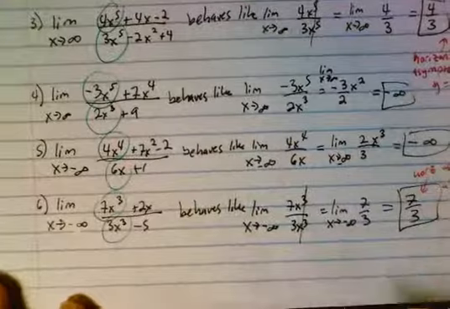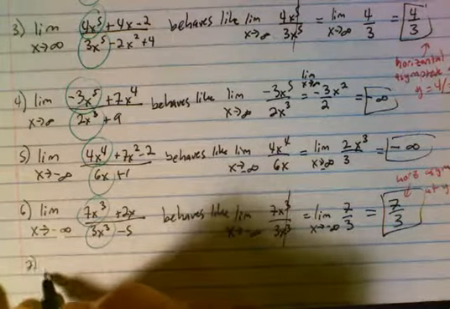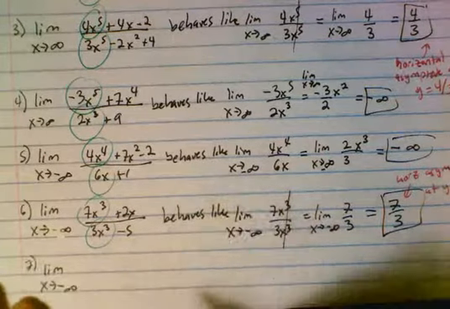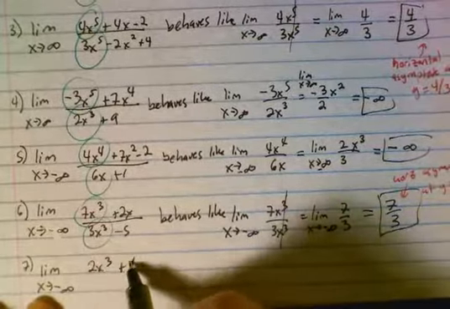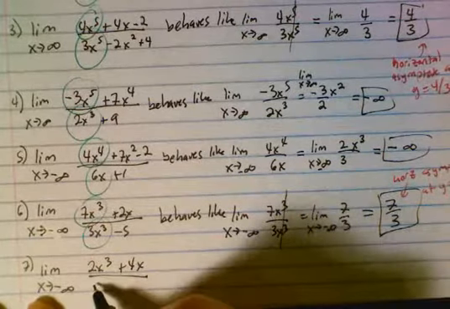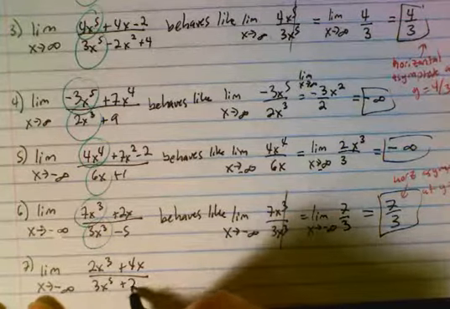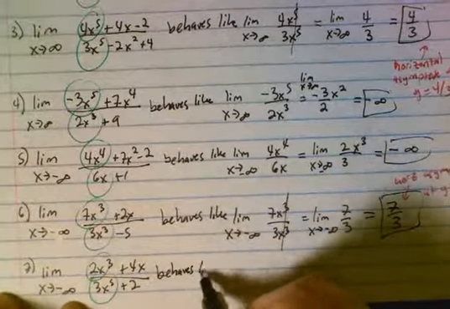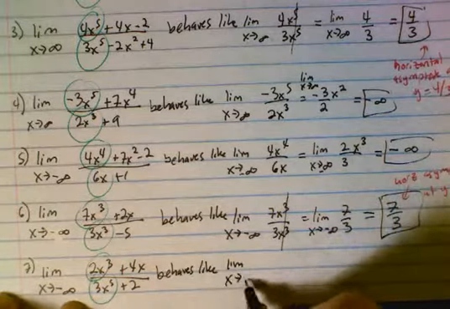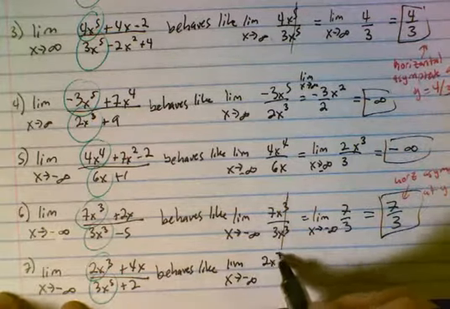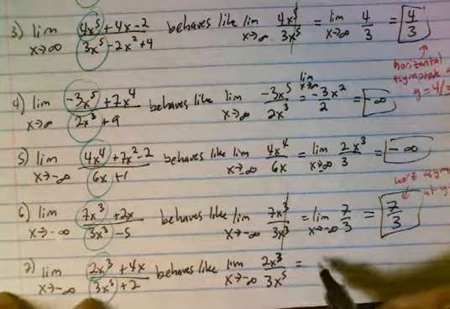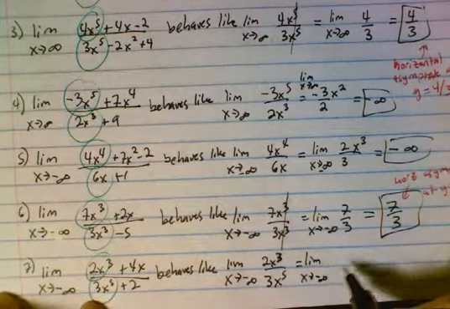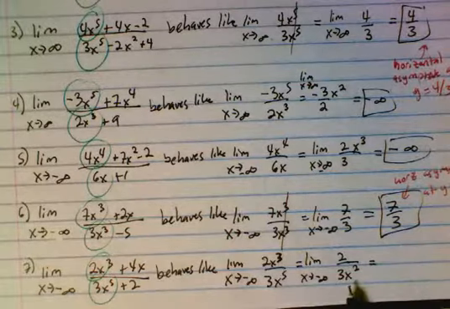And for our final example, let's do another one with an asymptote. Largest exponents behave like... we're going to be dividing by a very large negative number.